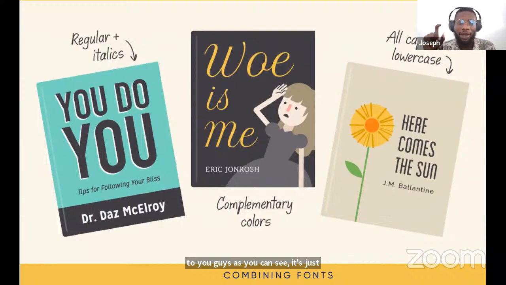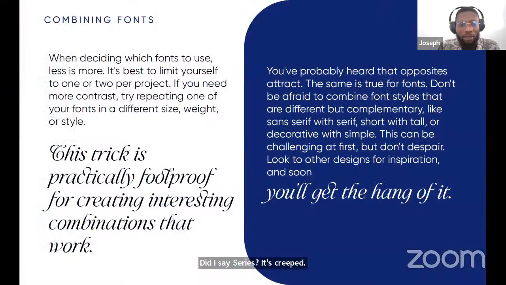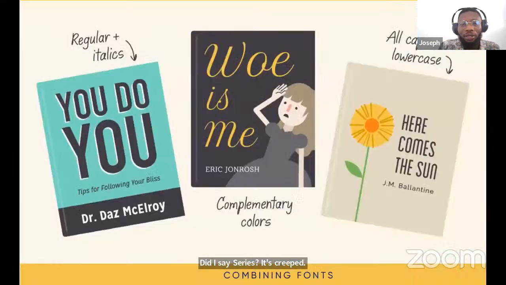Also, not all fonts have italics. So in case you want to use italics, you can look for a font that has italics. In the next option, you can see a script, just like the one in my slide here, used for "Woe Is Me" by Eric John Rush.